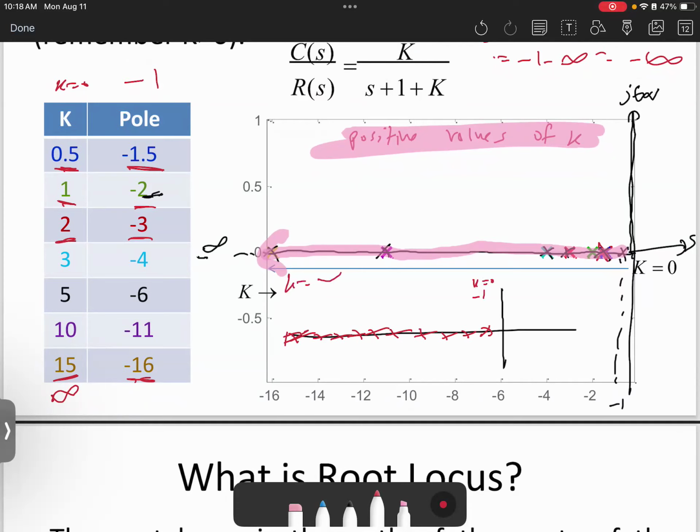When k equals infinity, the pole will be at negative infinity. If we connect these points together, this yields a graph. I'll put the arrow here. This graph is the root locus for this first order system.